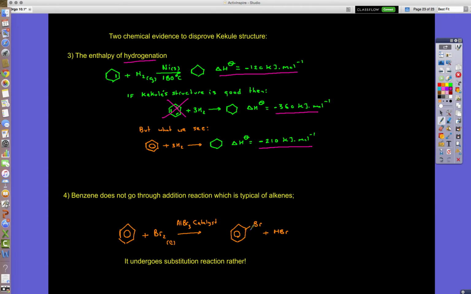Only 1 hydrogen gets substituted with bromine, and the byproduct is the other hydrogen and bromine as hydrogen bromide. So the fact that it doesn't go through addition reaction is also strong chemical evidence that benzene should look like this ring structure here and not the Kekule structure.